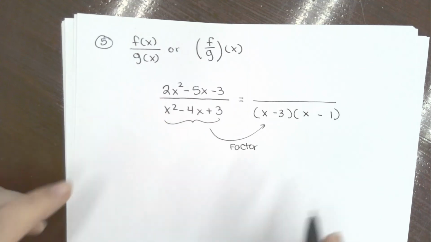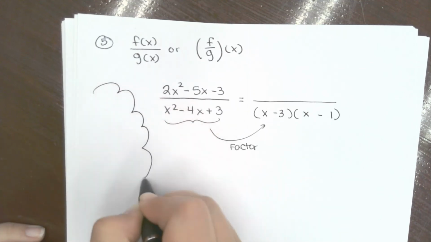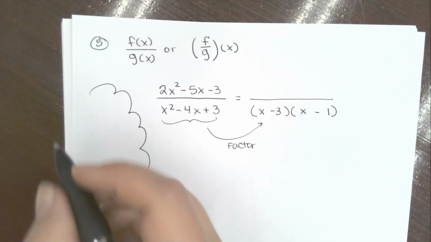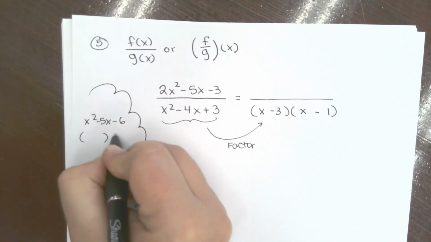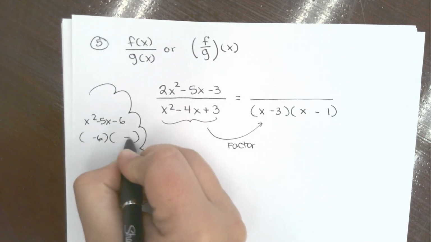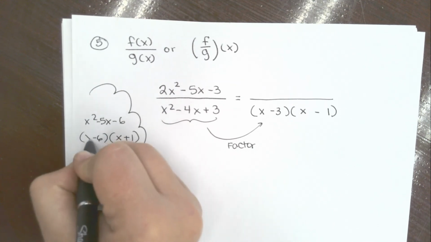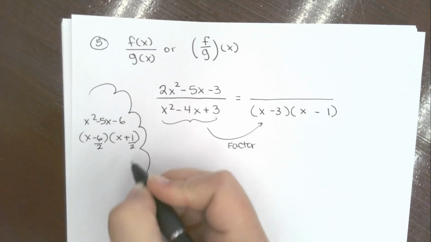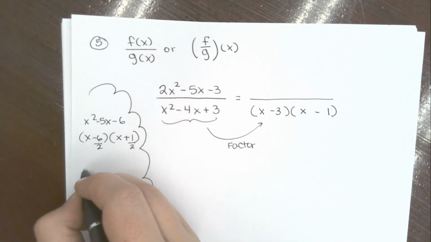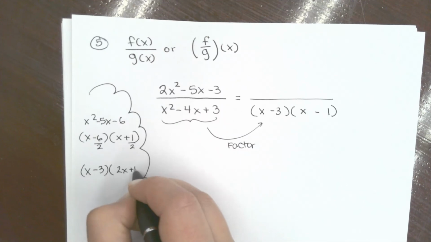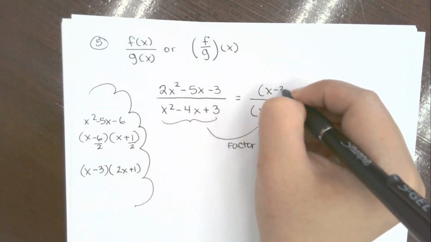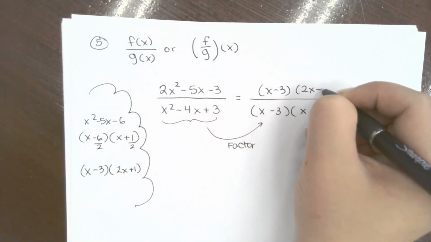For this one here, I'm going to do a thinking bubble and do a really quick rainbow method. So we got x squared minus 5x minus 6, so that means we have a negative 6 plus 1 as our factors. Divide by the original 2, divide by original 2. Yes, I'm going quick for a reason. x minus 3, as we learned last time, 2x plus 1. So we got on top x minus 3, 2x plus 1.